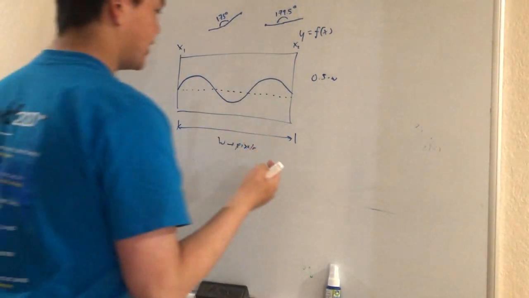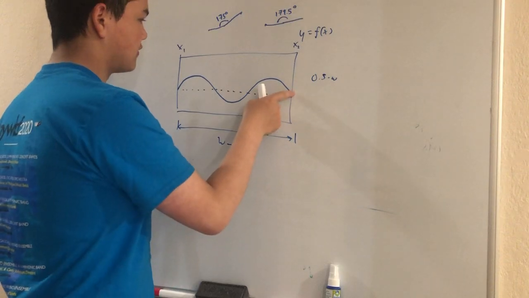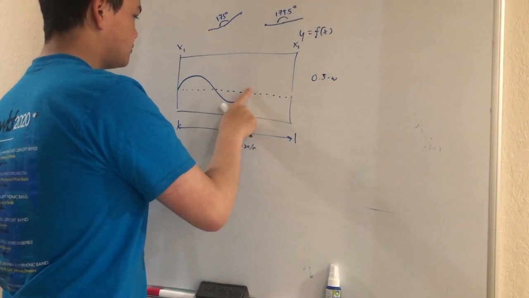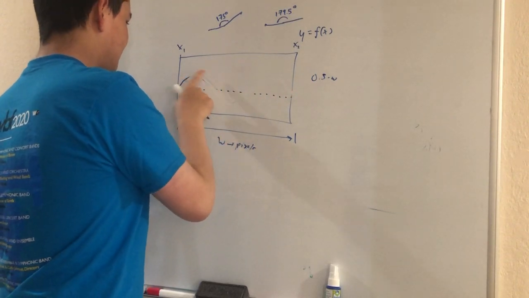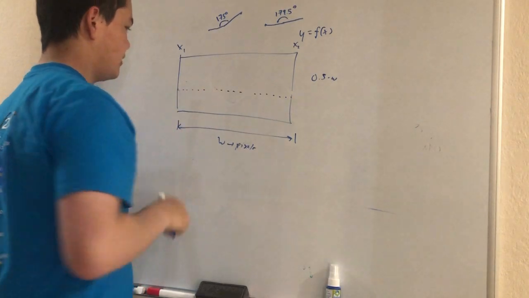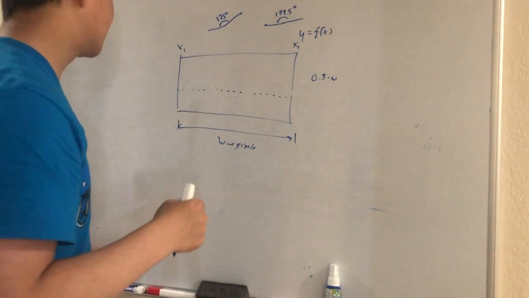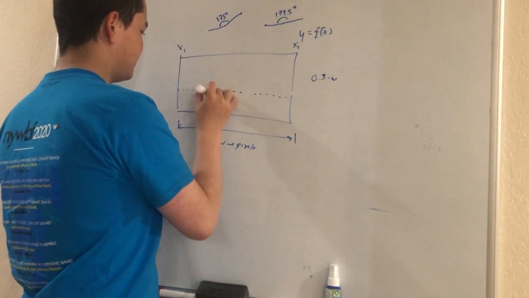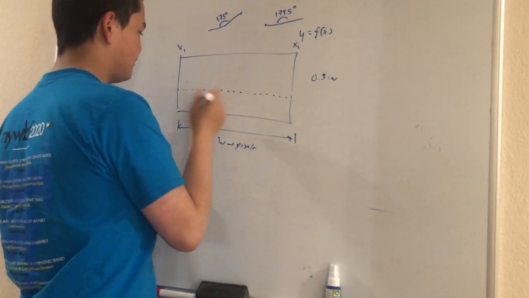However, there's a couple cases where this won't work very well. One case is when the graph has very sharp turns. For example, suppose we have a very high frequency sine graph.